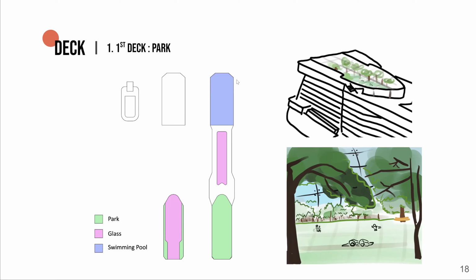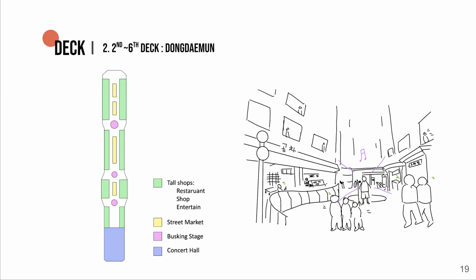in the top deck. In addition to that, we are planning to install a transparent glass panel in the middle portion. The reason for that is we wanted sunlight to enter into our Dongdaemun Street.